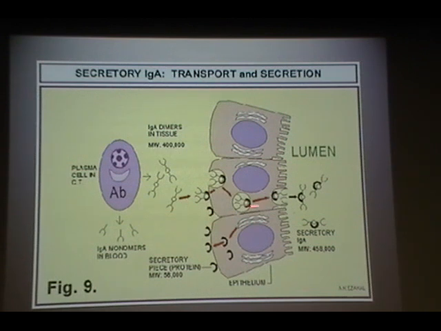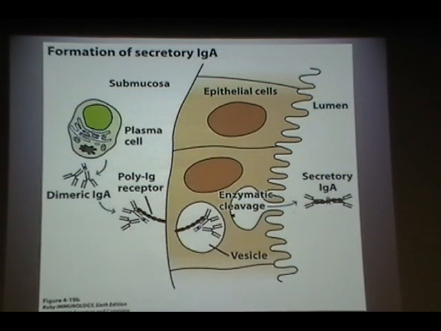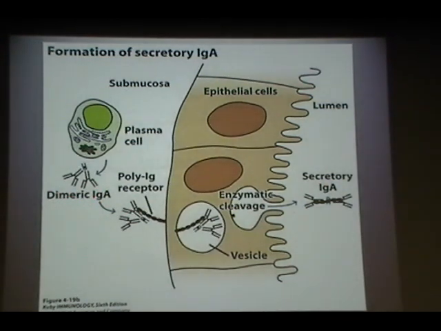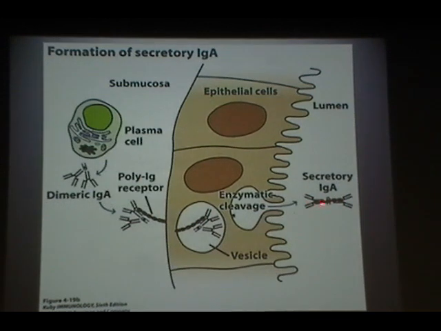And then it's released into the lumen. Another way to look at it is this way. There's your receptor, here's your dimeric IgA, and this becomes that secretory component.